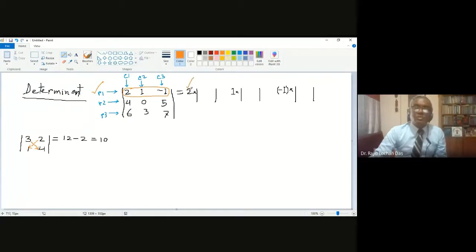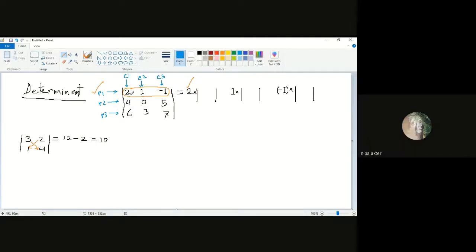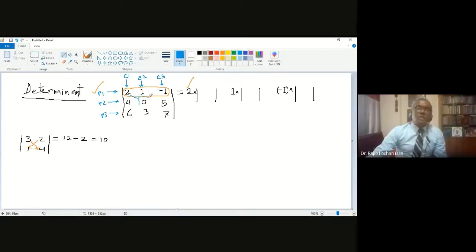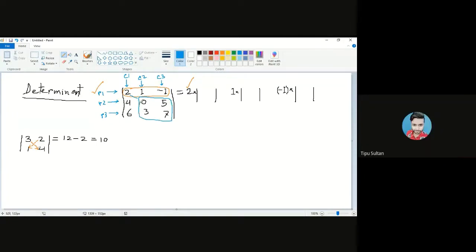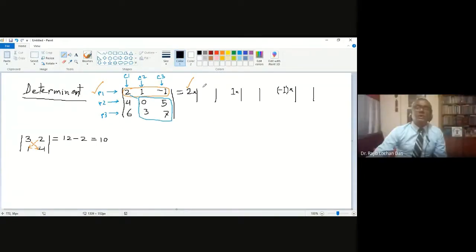So other than that row and that column. 2 is a part of this row, so you do not take this row. 2 is a part of this column, so do not take this column. Just the other things: 0, 5, 3, 7. So you write here the other numbers: 0, then 5, then 3, then 7.